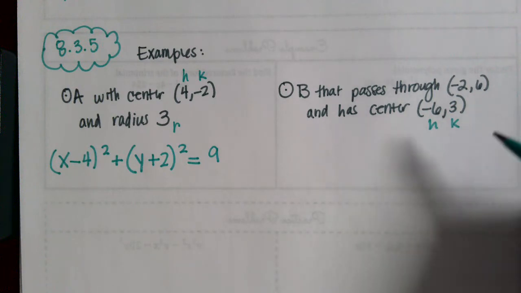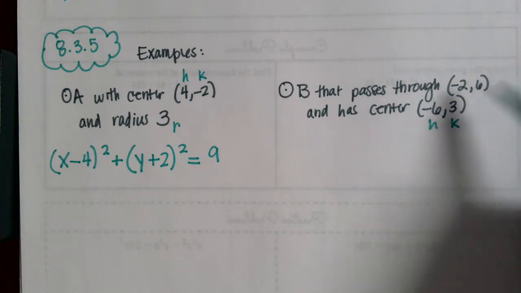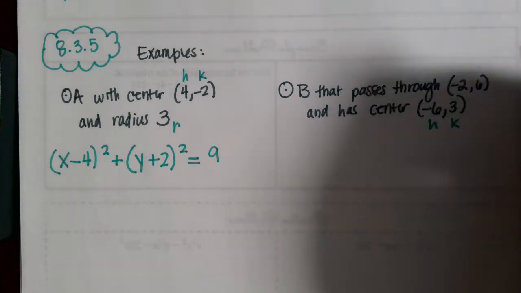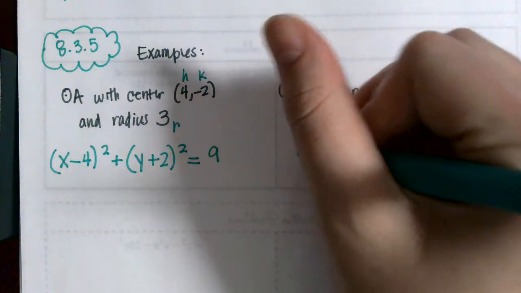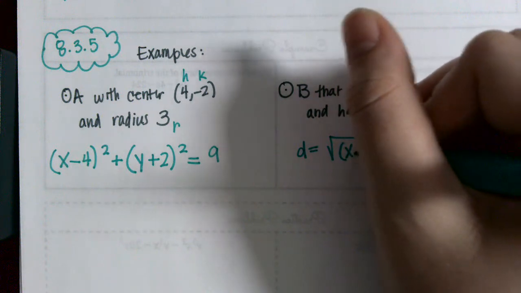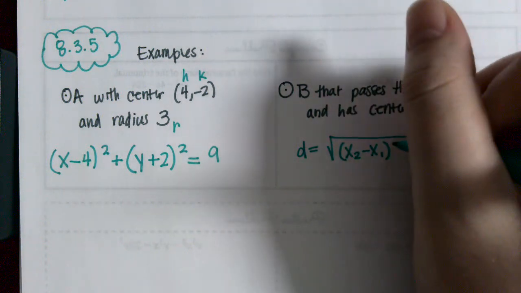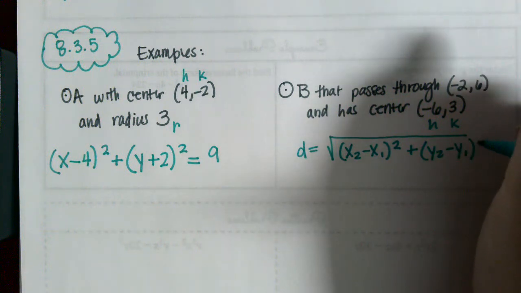In order to find the radius, remember the radius is just the distance between the center and the edge. We can use the distance formula from first semester to find the distance between these two points. The distance formula is (x2 minus x1) squared plus (y2 minus y1) squared.